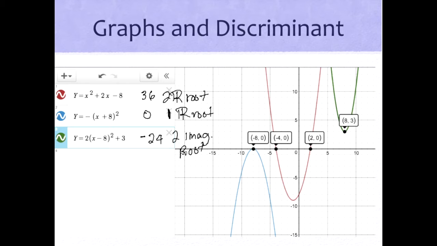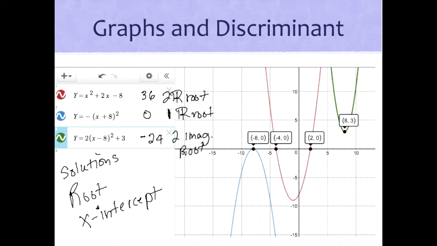Now, some of you may not remember this, but a root is another word for x-intercept. There are some words that we mathematicians use interchangeably. Solutions. If I say find the solutions, find the roots, find the x-intercepts, all of those words we use interchangeably.